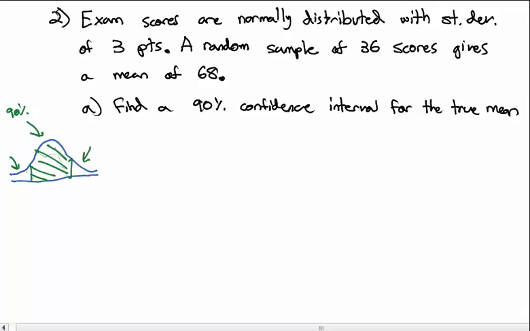Well, if there's 90% on the inside, 10% must be in the outside, and that has to be split evenly between the two tails. So we have 5% on the left and 5% on the right. So that's that whole idea of alpha over 2 that you see in the formula, z sub alpha over 2. Alpha over 2 says what's left divided by the two tails is 5%, or as a decimal, 0.05.